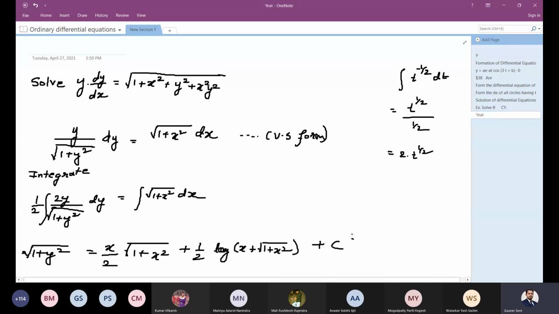Look, this plus c is very important to add because that tells you that whatever you are finding is a general solution, not a particular solution. Fine.